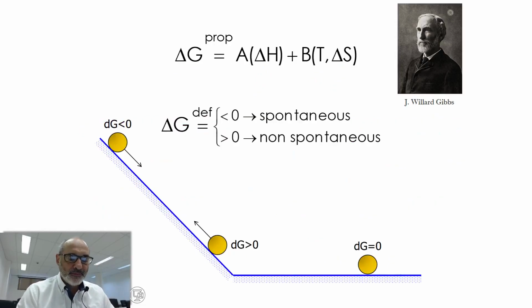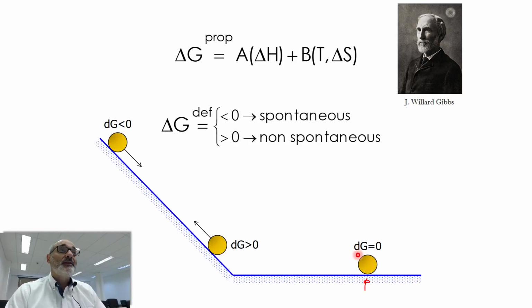If I have a small sphere, for instance, in this situation here, it's indifferent, it's in equilibrium, it can stay in a fixed position. So in this case, delta G is 0, because it's in equilibrium.